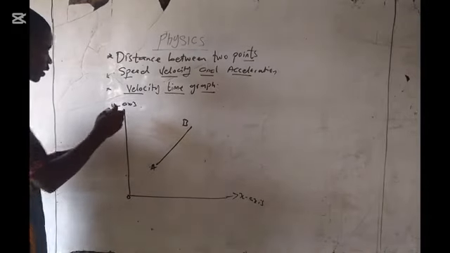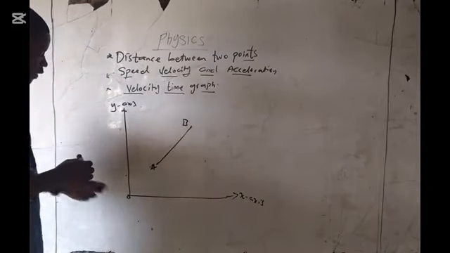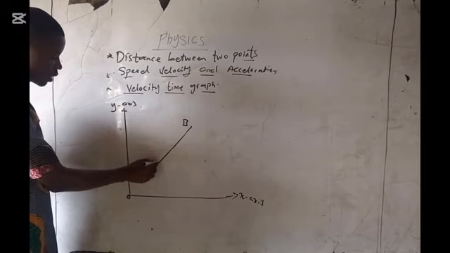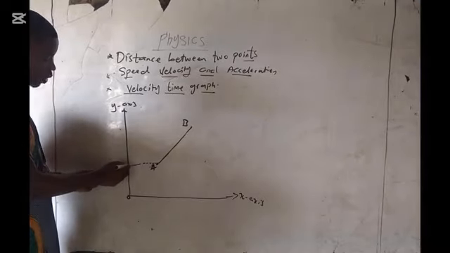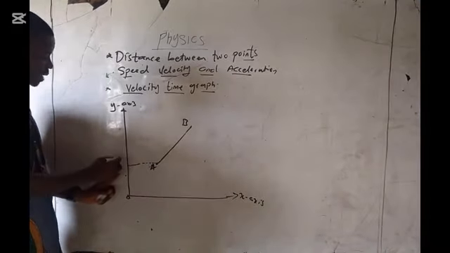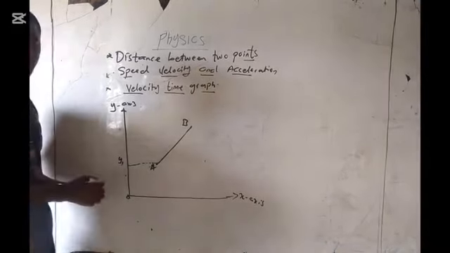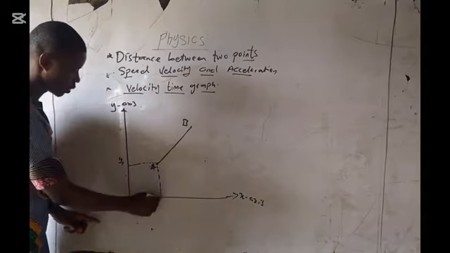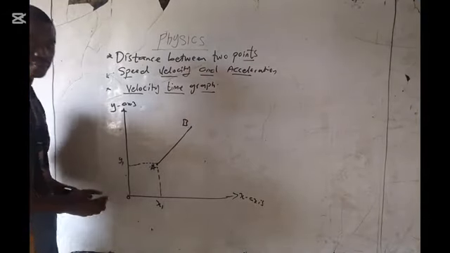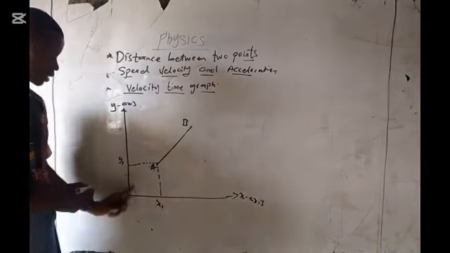It's very simple. If we trace this point down to the axis, the point where it meets the y-axis, you can call it y1. So from here to here is y1. If you trace it down, this will be x1 on the horizontal axis.